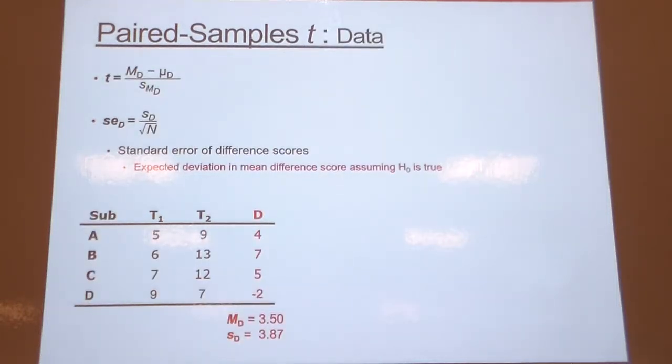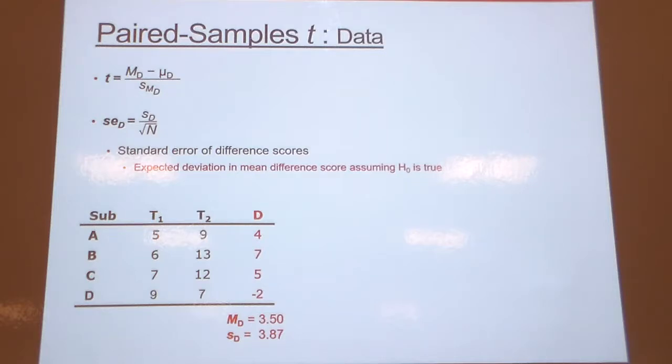So remember, to calculate our paired sample T, we've got the mean of the difference minus our assumed value under the null. Lauren, what's our assumed value under the null? 0, right? So this is just our mean of our difference score over our standard error of the mean difference. Standard error of the mean difference is just the standard deviation of our difference scores over the square root of our sample size, right?